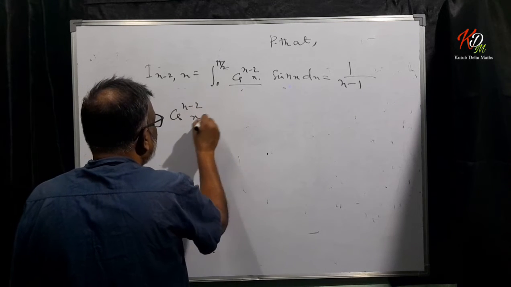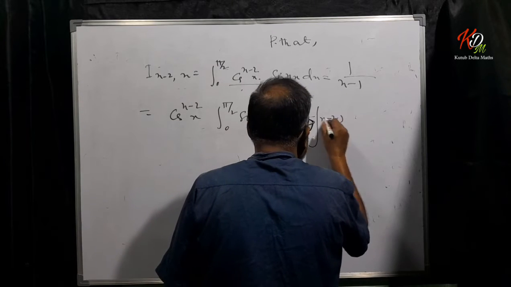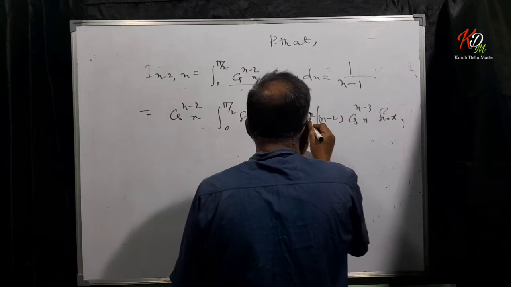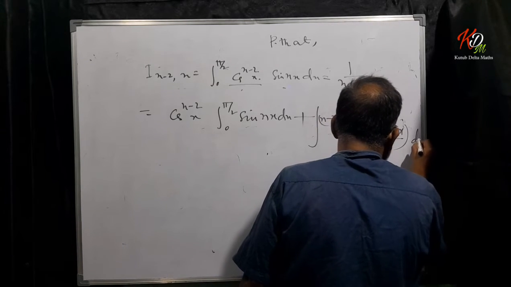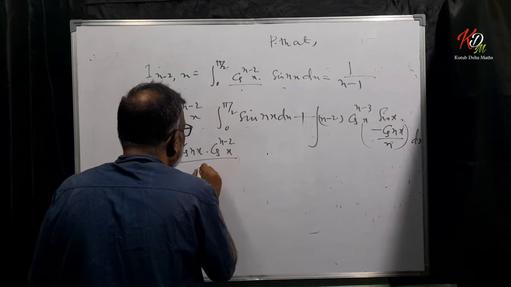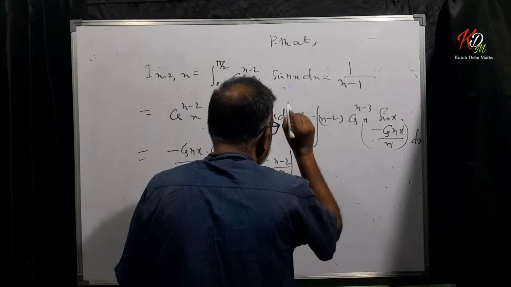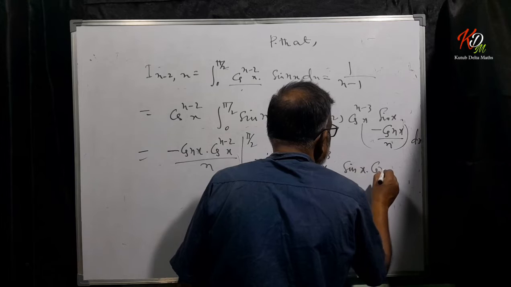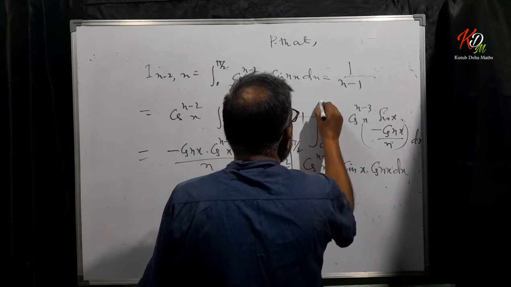Now cos to the power n minus 2 x, 0 to pi by 2, sin nx dx, minus integral of n minus 2 cos to the power n minus 3 x sin x times minus cos nx by n dx, equals minus cos nx cos to the power n minus 2 x by n from 0 to pi by 2, next n minus 2 by n integral of cos to the power n minus 3 x sin x cos nx, 0 to pi by 2.